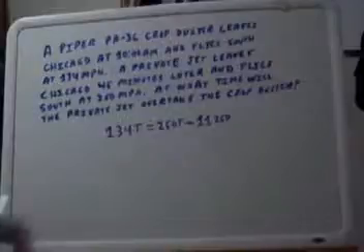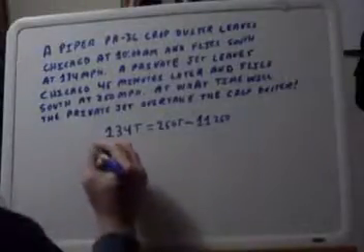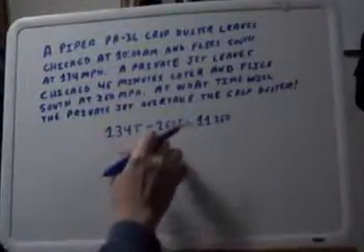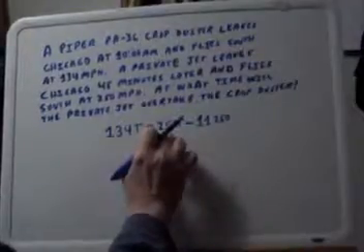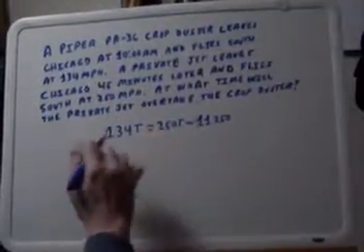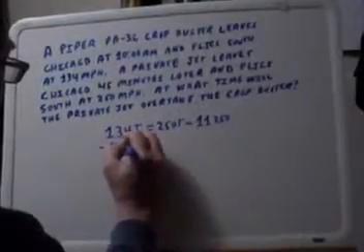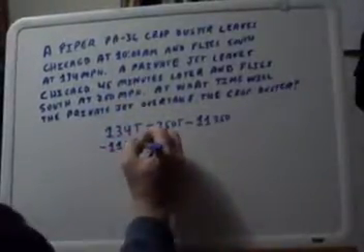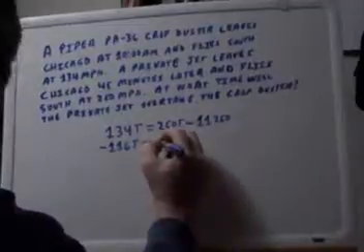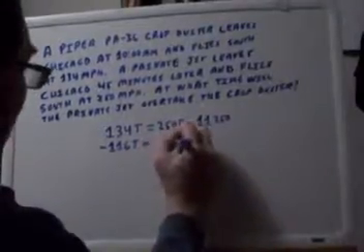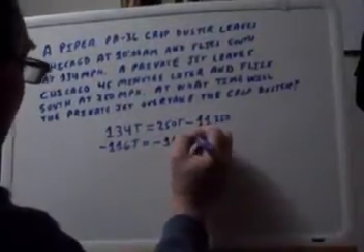Then we're going to subtract 250t from both sides of this equation. So now we've got negative 116t equaling negative 11250.